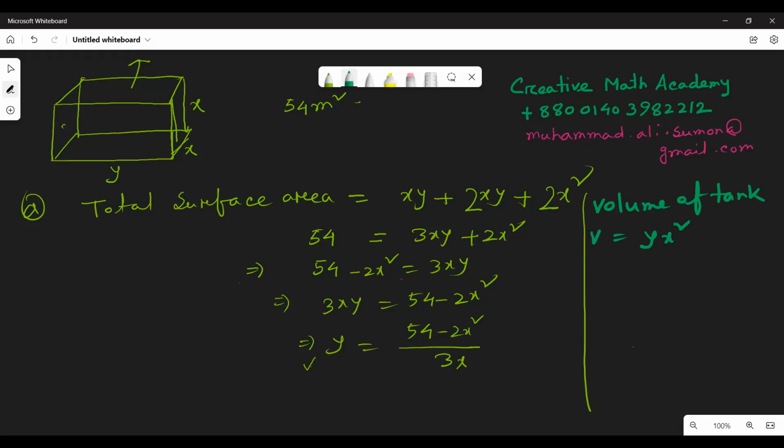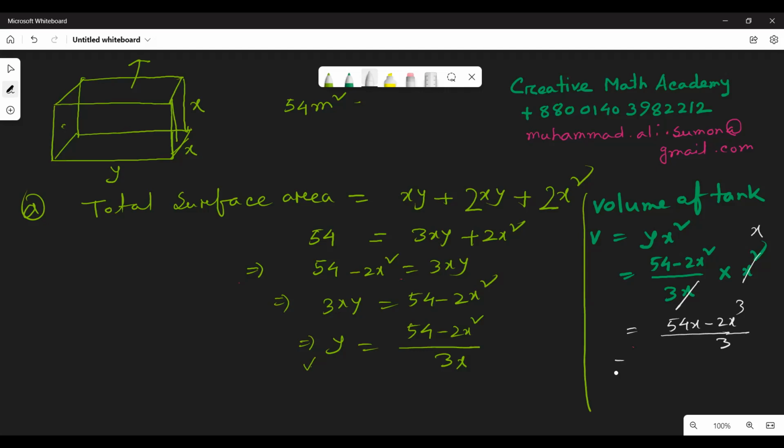This is V. So the y value is 54 minus 2x square over 3x, multiplied by x square. Now cancel this x square, so it will be x. So the upper side is 54x minus 2x cubed, divided by 3.